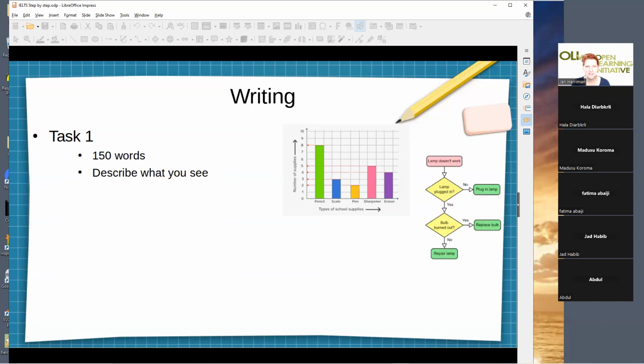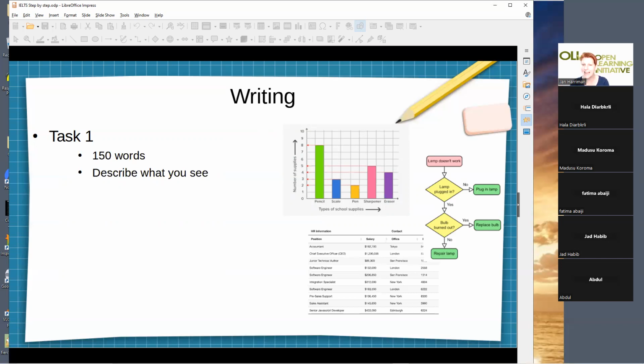It might be a flow chart, it might be a table, and they've done a lot of maps lately. So there are some good examples of map descriptions, and I recommend making sure that you can do that kind of comparison as well. No opinions, but you can analyze the relationship between the different parts of the chart or the graph.